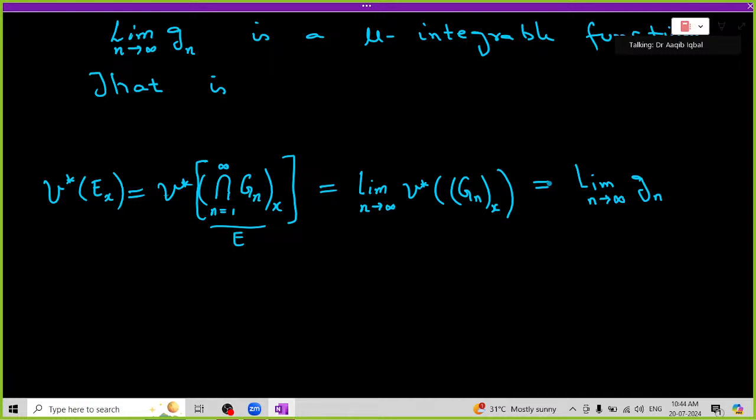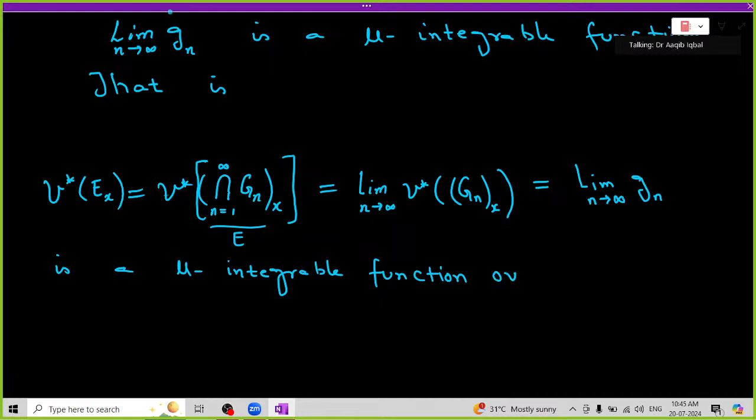integrable, so it's an integrable function, is a mu integrable function.